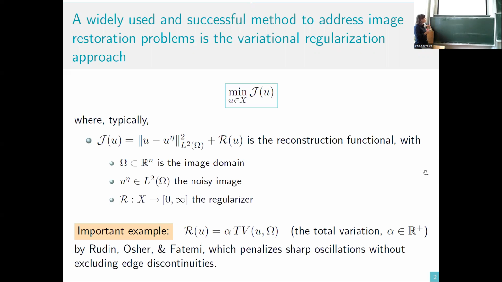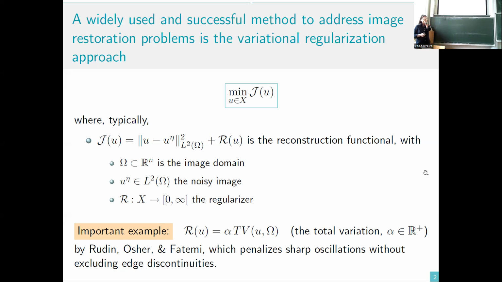So this restored image, the reconstructed image, is achieved as the minimizer of a certain functional. And typically, the functionals that you get in the literature are an equilibrium between two terms. One, the fidelity term, essentially measures the distance to your noisy image.